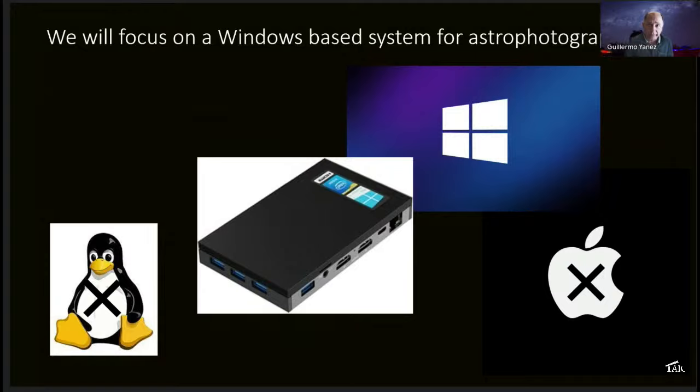Folks, I think Guillermo must be having an issue with his connection. Let's give it a moment and see if he comes back to us. Hi, you're back with us, Guillermo. I'm sorry for that. I had to switch my internet connection. That's all right. I'm glad you came back in. Your video looks good, you sound good.